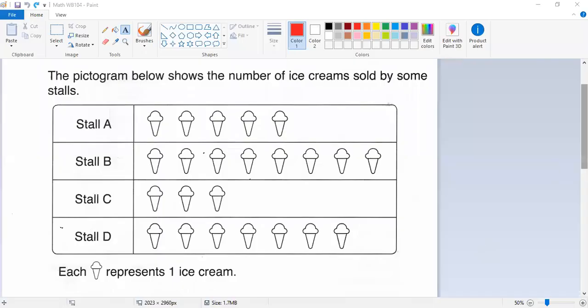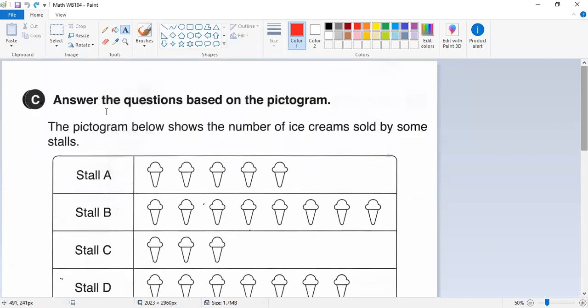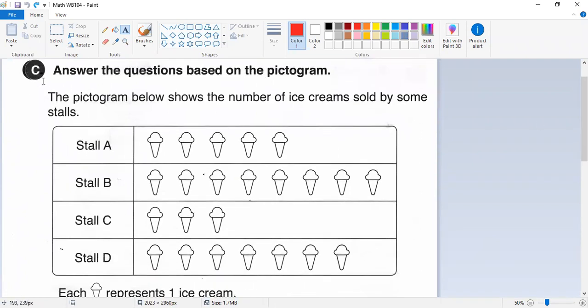All right, let's turn over and we'll start to go through it together. And then I'll see if this is their homework. Finish the pictogram. Answer the questions based on the pictogram and then find the answers.